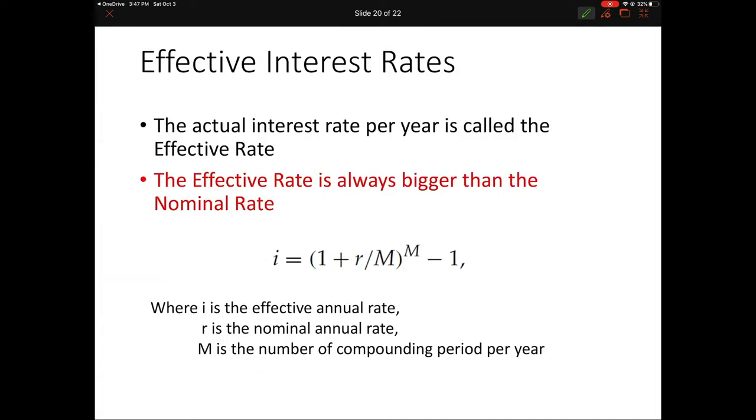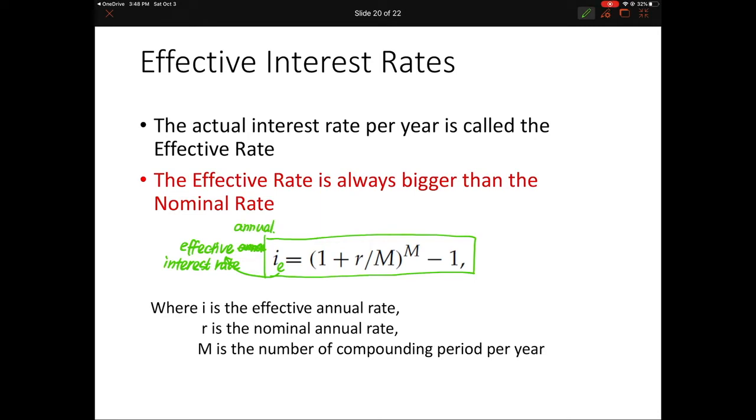And how do you calculate that I effective? The effective interest rate, you have a formula to calculate that. So this is the equation you want to use. And I here, we can give it a label E, to indicate that this is effective, and of course it's annual base.